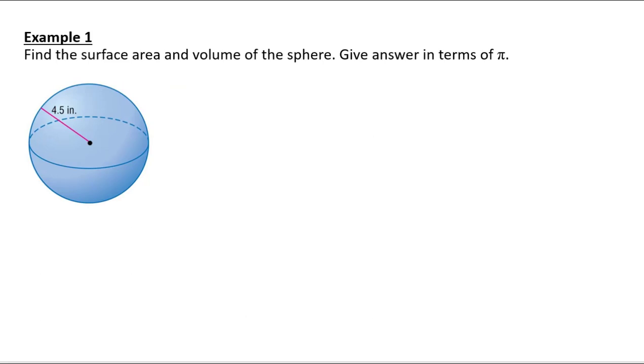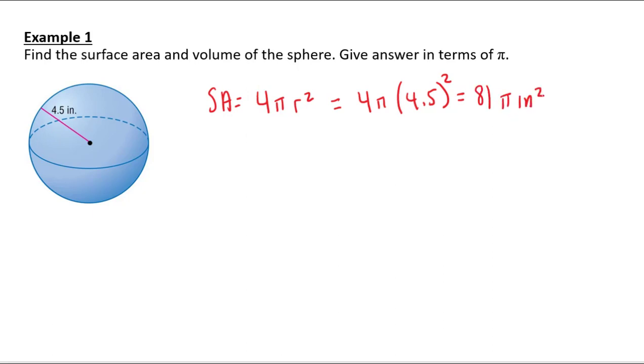So the surface area and volume of this sphere. This is just basic plugging in. Surface area, 4 pi r squared. Also, the more you write down the formulas, the more likely you are to remember them. So if you write them down each time, you're going to remember them for the test.